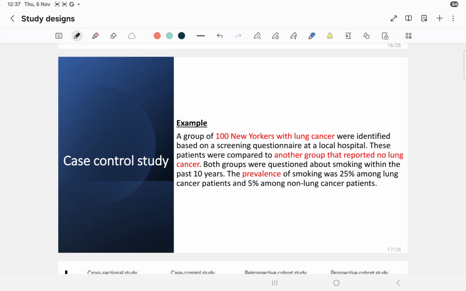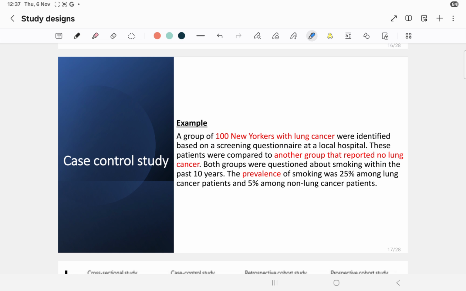A group of 100 New Yorkers with lung cancer were identified based on a screening questionnaire at a local hospital. These patients were compared with another group. So we are taking patients with lung cancer and patients who don't have lung cancer, comparing diseased with non-diseased individuals.